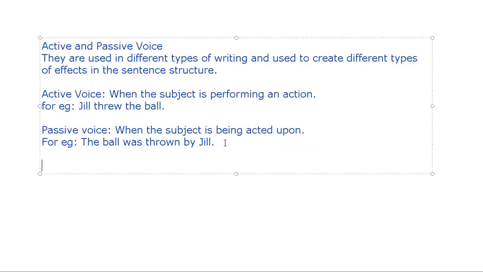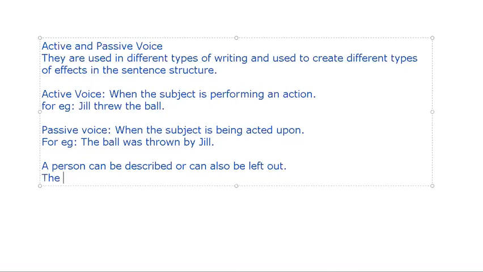And in the passive voice, a person can be described or can also be left out. What I'm saying by this is I can also write the ball was thrown. This is also a passive voice.